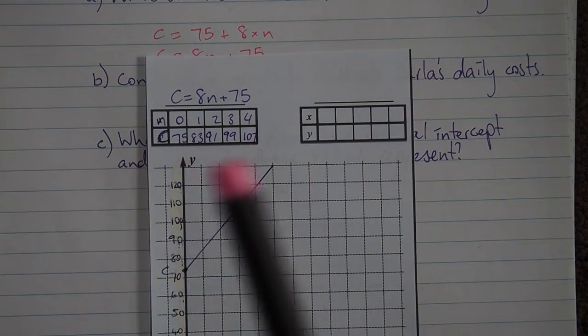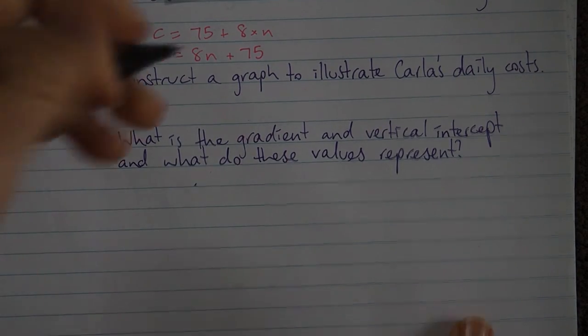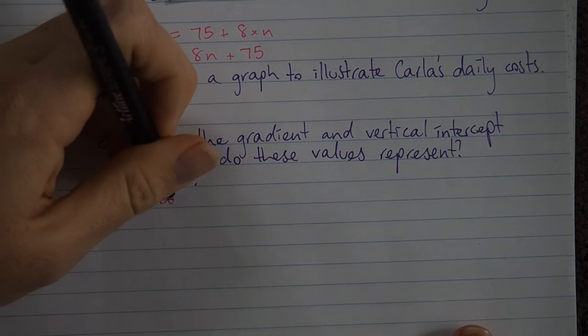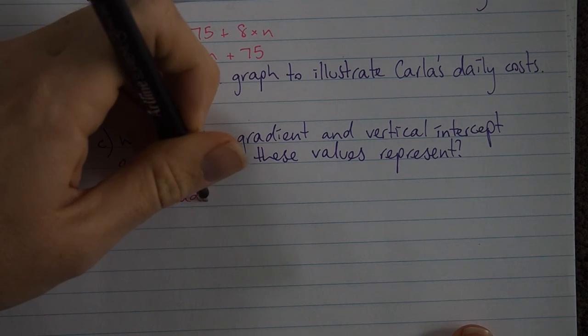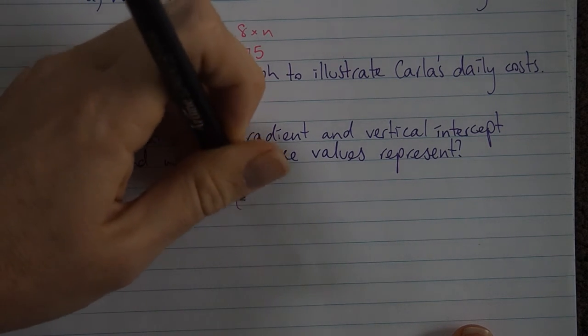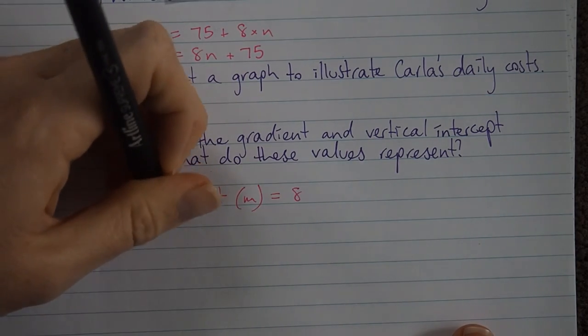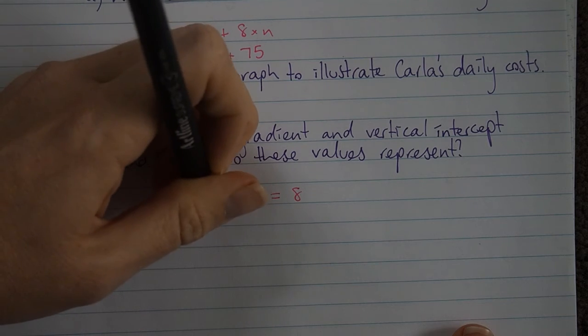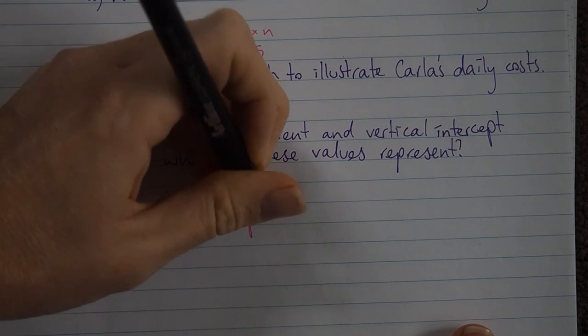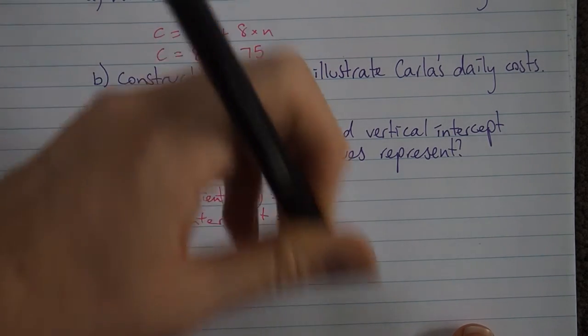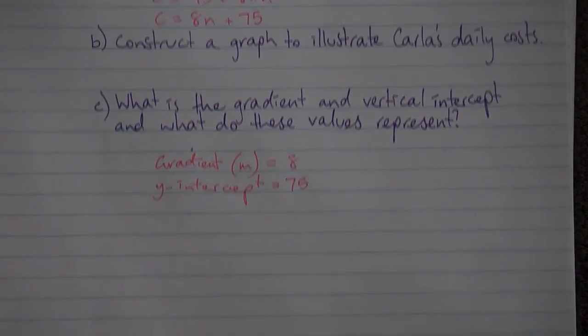Remember, we use m to represent the gradient, and our y-intercept is the constant value in our equation, which in this case is 75.